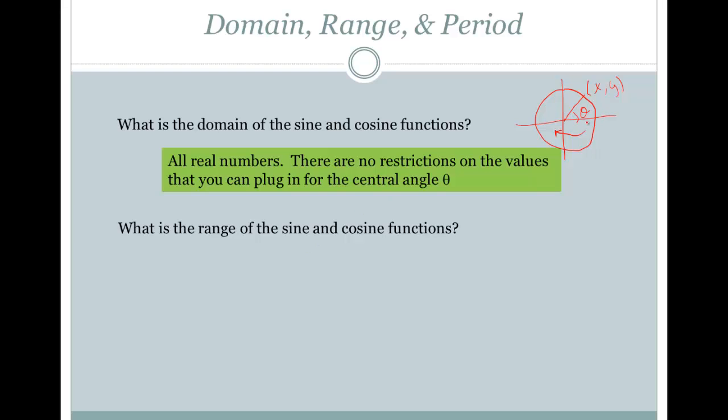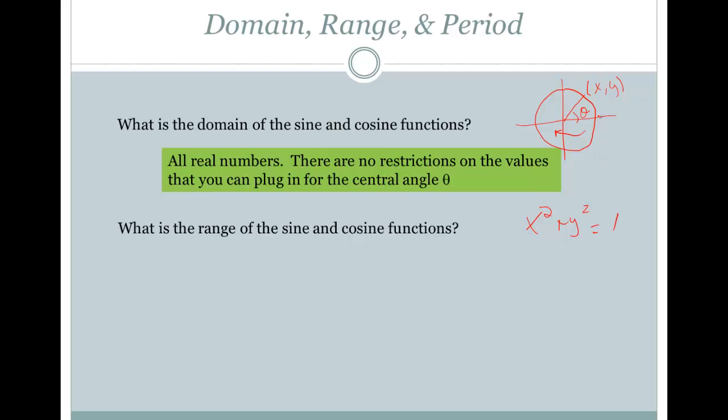And what about the range? Understand that the value of sine and cosine is always going to be on this unit circle. Remember, the unit circle is x squared plus y squared equals 1. The maximum value that x can have is when y is equal to 0, and in that situation, x is equal to 1.